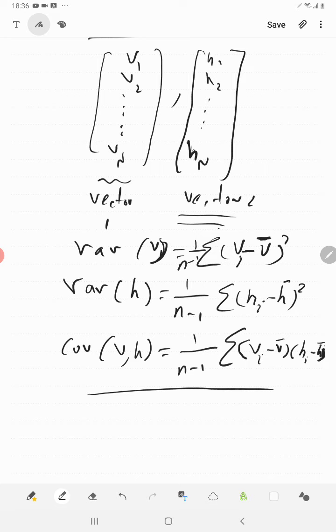We divide that by n minus 1, because n is 100, so n minus 1 is 99. So 1 divided by 99 times that one should give you the variance. It's the same as the variance of u1 calculated by MATLAB.